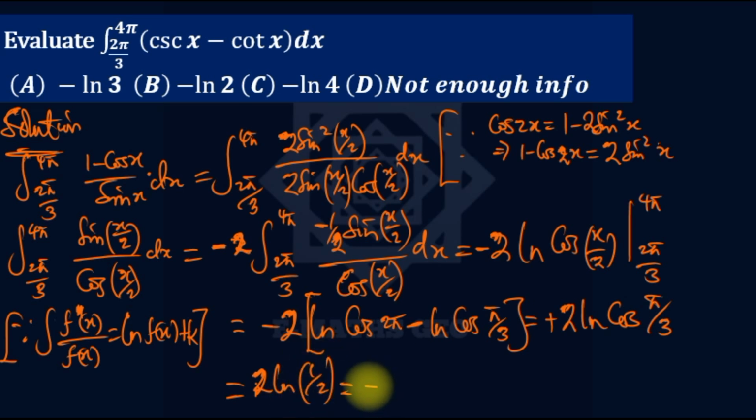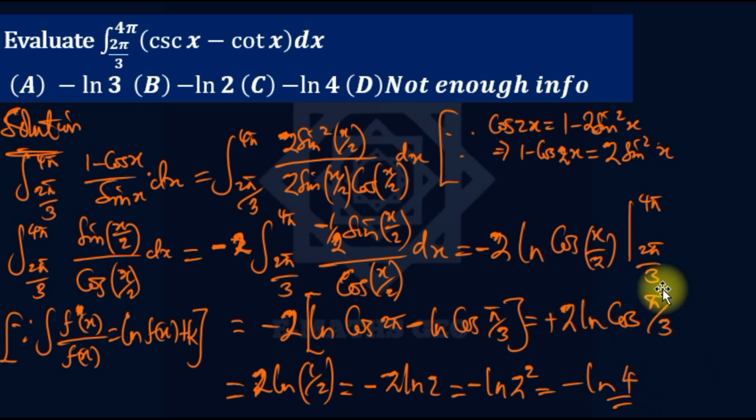So we're left with minus 2 ln 2, which is minus ln 2 squared, which is minus ln 4. So our answer is option C. It's a very tricky question, but still simple. Thank you.